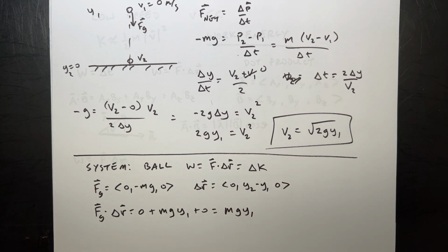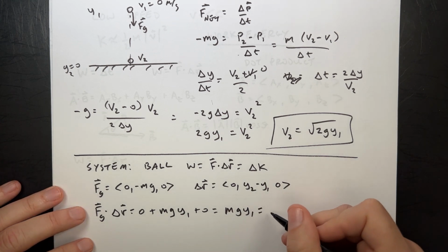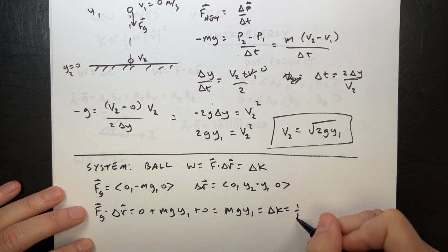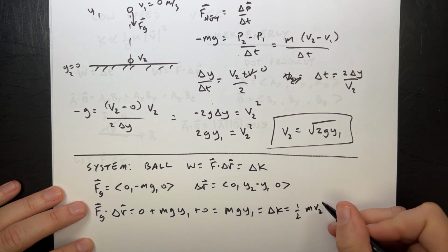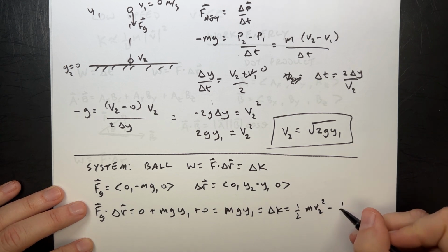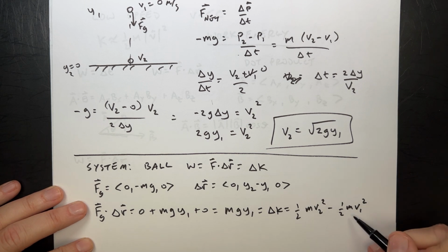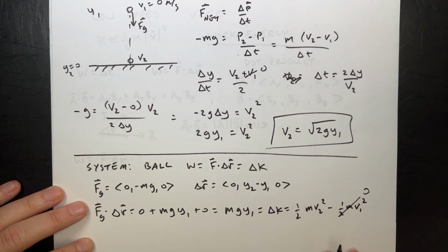mg y1. And that's going to be equal to the change in kinetic energy, which is 1/2 m v2 squared, that's the final kinetic energy, minus 1/2 m v1 squared, that's the initial kinetic energy. But I said this starts at rest, so we're just doing a simple problem.